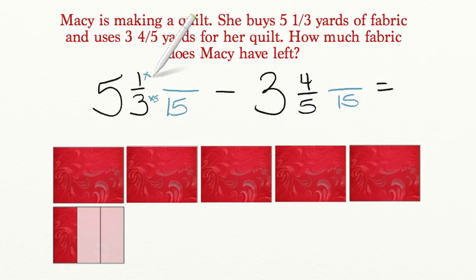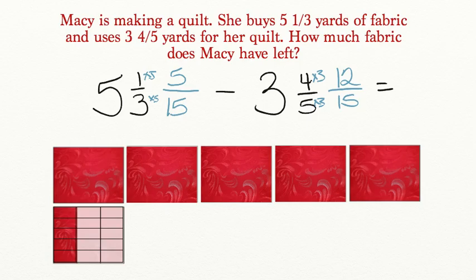So since we multiplied our denominator by 5, we also have to multiply our numerator by 5. Now let's rename 4/5. 5 times 3 equals 15, and 4 times 3 equals 12. Our next step is to have our area model now represent 5/15. Perfect! Now remember, we still have the same amount shaded in, we just changed the size of the pieces.